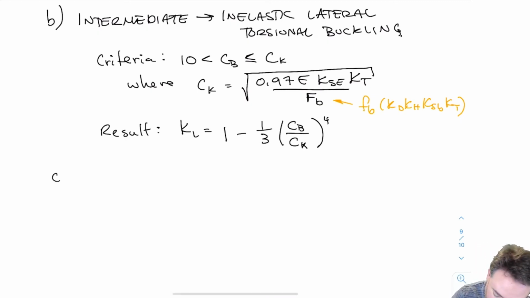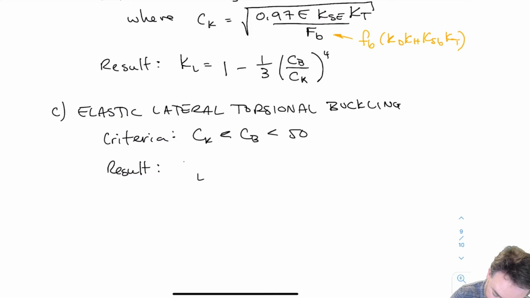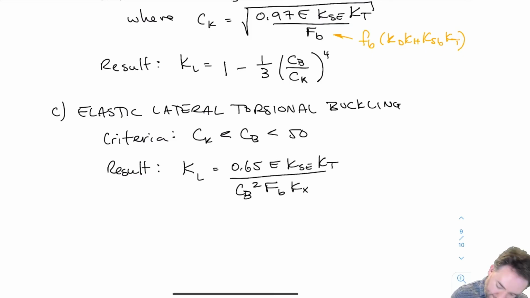Okay, now the last category, which is totally elastic lateral torsional buckling. This is the last regime between CK, which is the borderline between inelastic and elastic lateral torsional buckling, and 50, which is a limit on slenderness for beams, which we will talk about in a second.